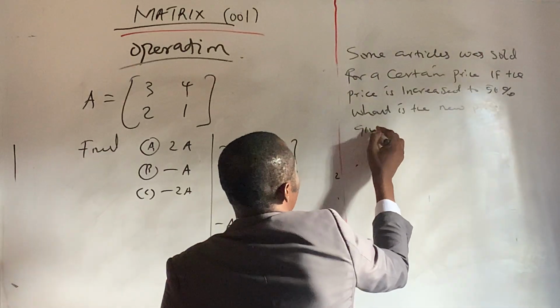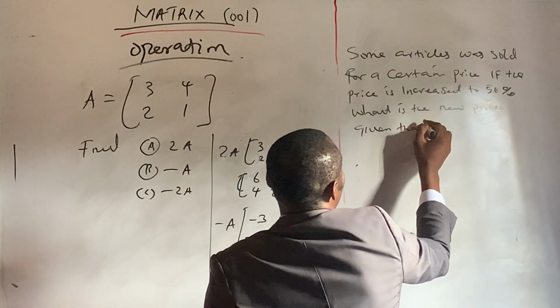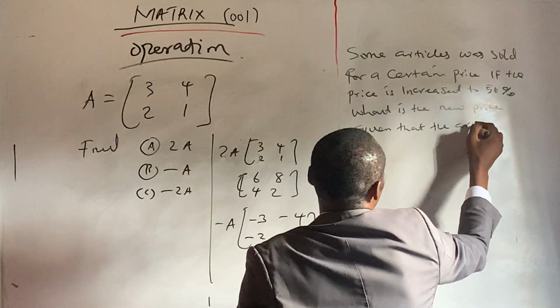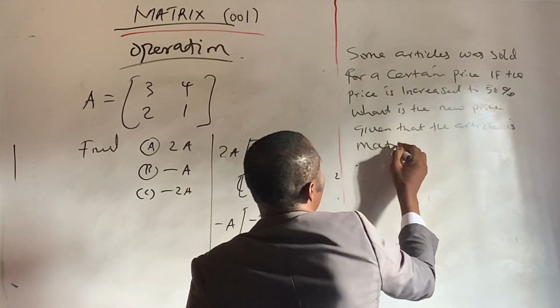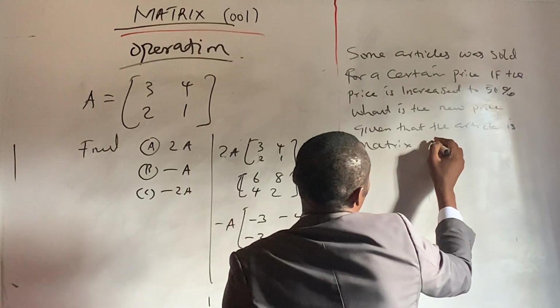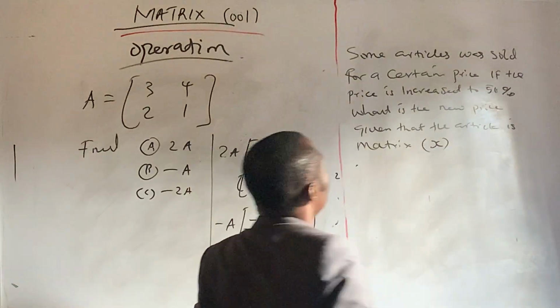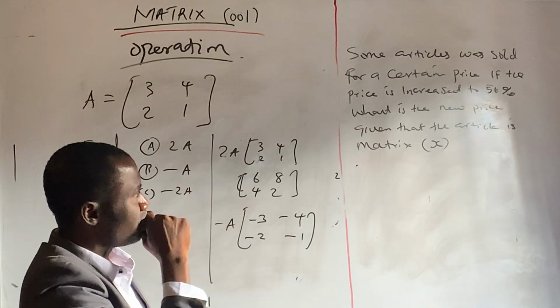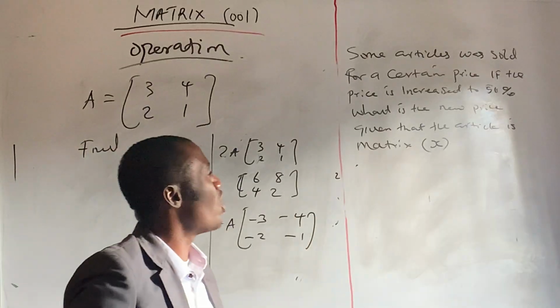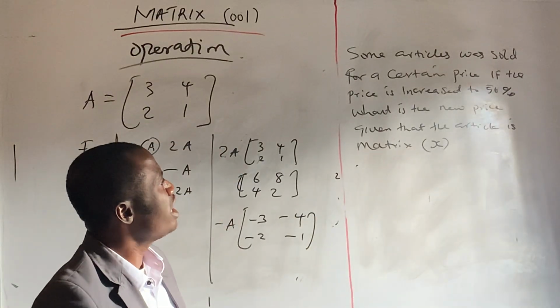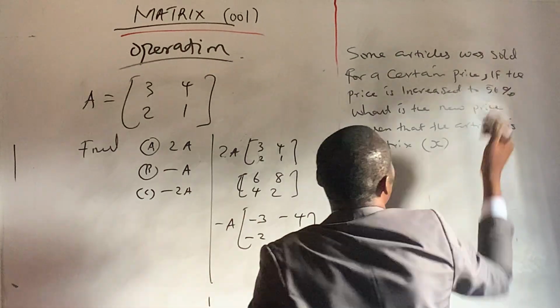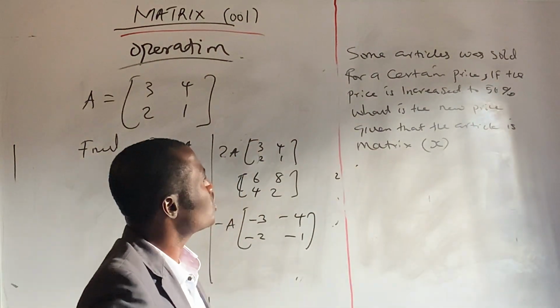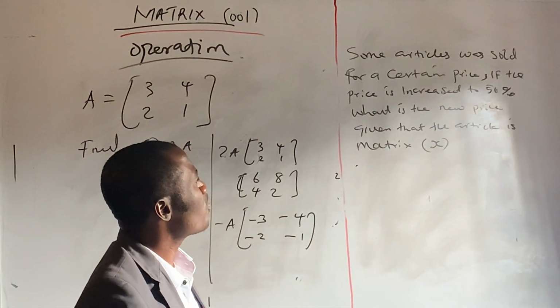Given that the article is matrix X. So now a certain article was sold for a certain price. If the price is increased by 50%, what is the new price?